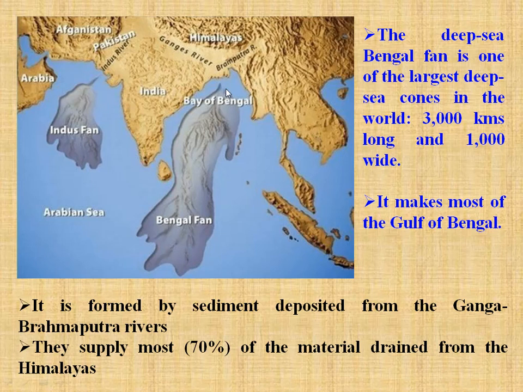Looking at the size and the shape, it has been referred to as Bengal fan, and it is estimated that almost 70% of the sediments deposited in this Bengal fan have come all the way from the Himalayan region, brought by the rivers of the Ganga and the Brahmaputra basin.